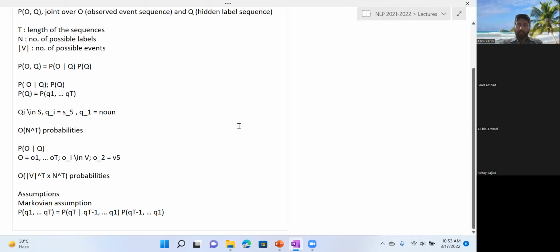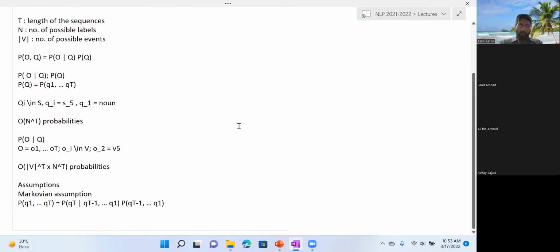This term that I've just written, you can further break down using the product rule. And as such, you can write this right-hand side as probability of Qt given, of course, Qt minus 1. I'm not being very precise with my writing of the notation, but I hope you understand. So this t minus 1 is the subscript.